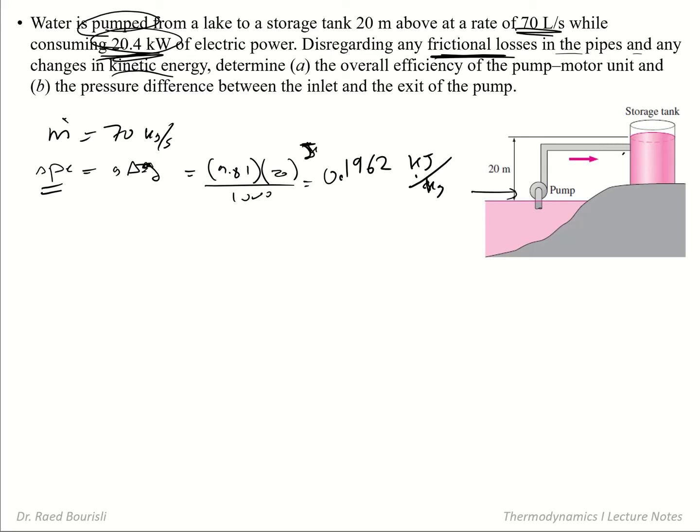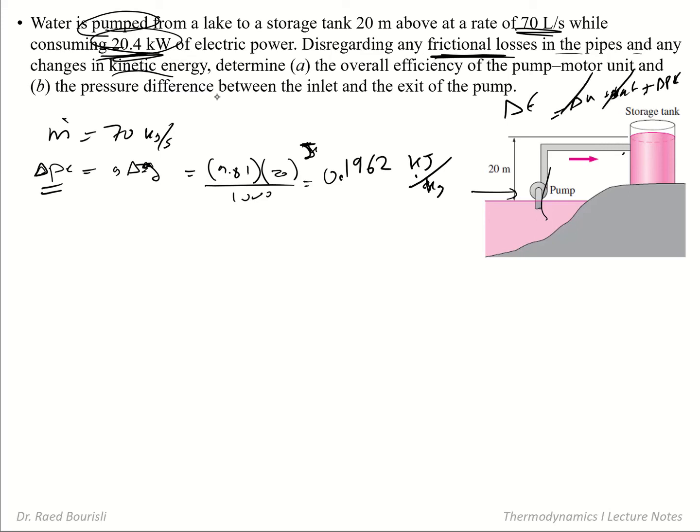If you want to look at kilojoules per kilogram and multiply it by m dot, it will give you kilowatts. So let's do this. The change in the energy of this: there is no delta U and no delta KE, only delta PE, so these are neglected.